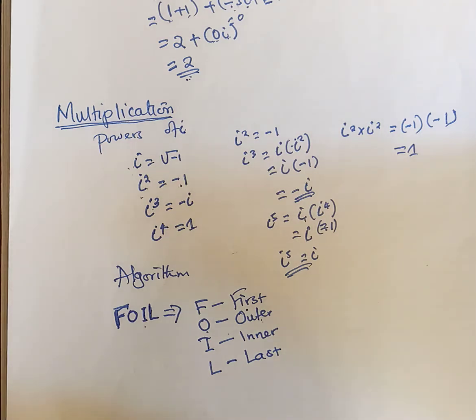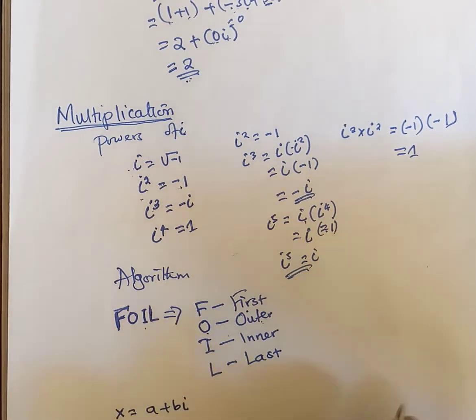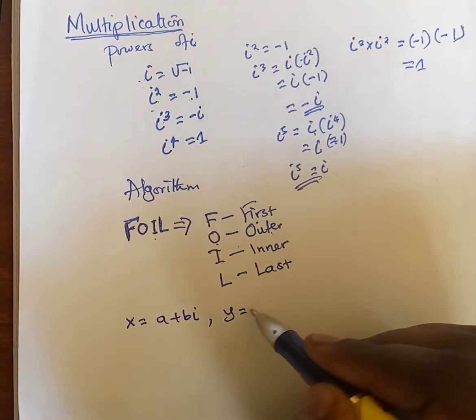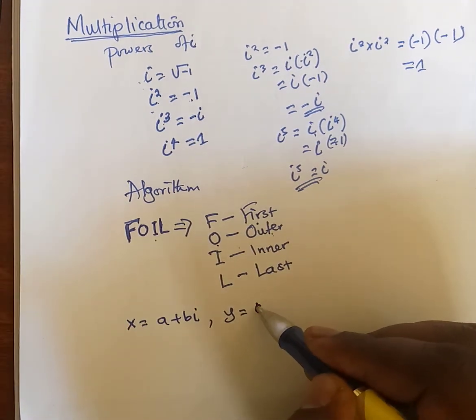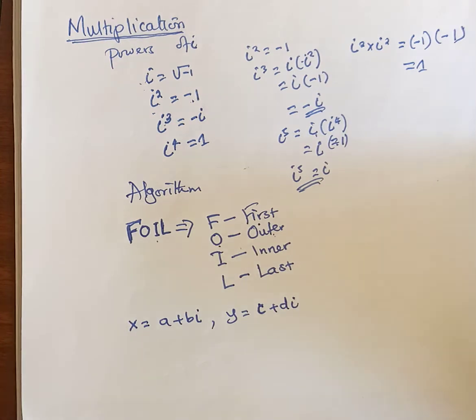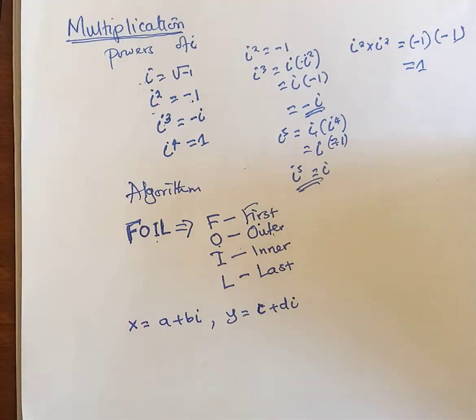Now, assuming you are given two complex numbers, x as a plus bi, and y in a different format, c plus di. c and d are still real numbers, so we can pick any real numbers. You can even have p plus qi.